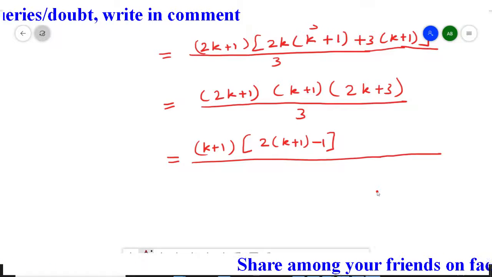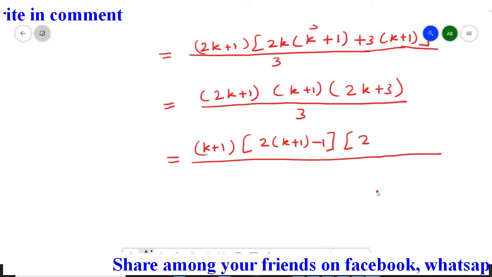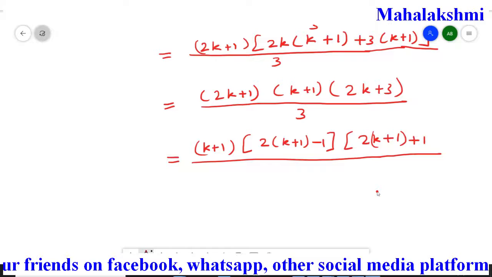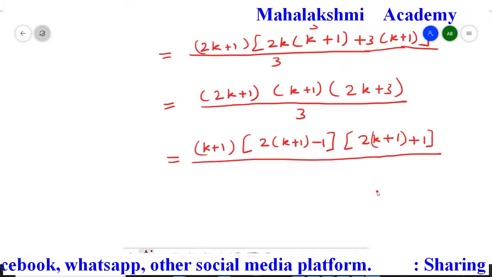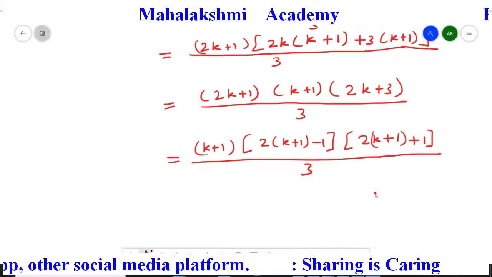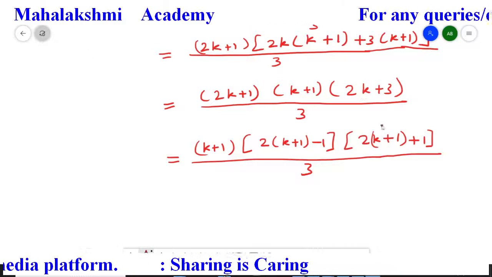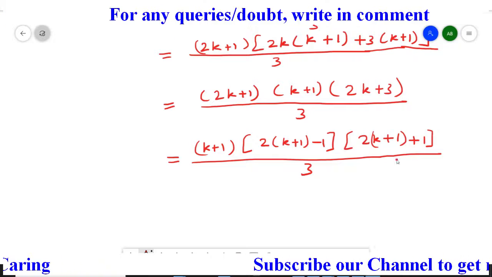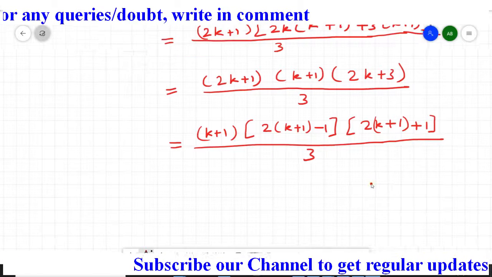In the same way, 2k plus 3 also we are going to change as 2 bracket k plus 1 plus 1, and divided by 3. So these changes we have done. So 2k plus 3 I wrote as 2 bracket k plus 1 plus 1, because in the right side we have these brackets.